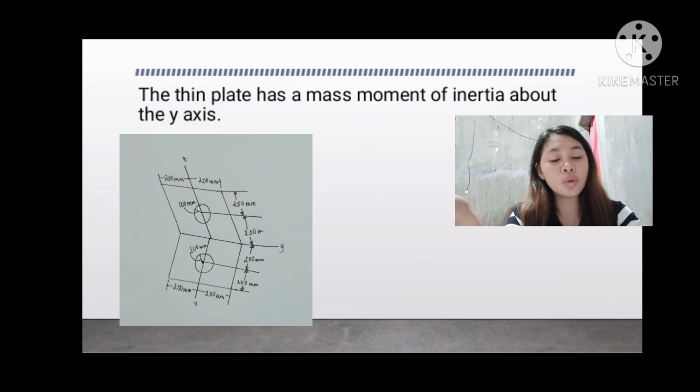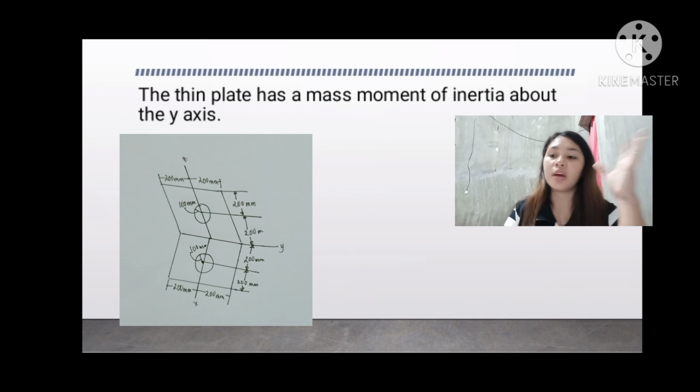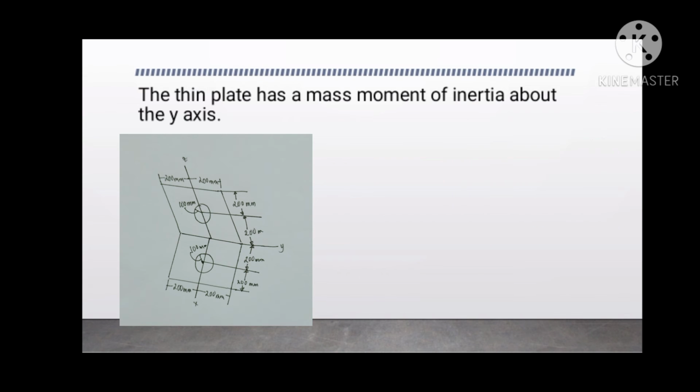So we are now done with our last topic, which is about mass moment of inertia. We have here a problem which is a thin plate with a mass per unit area of 10 kilograms over meter squared. Our task is to determine its mass moment of inertia about the y-axis.